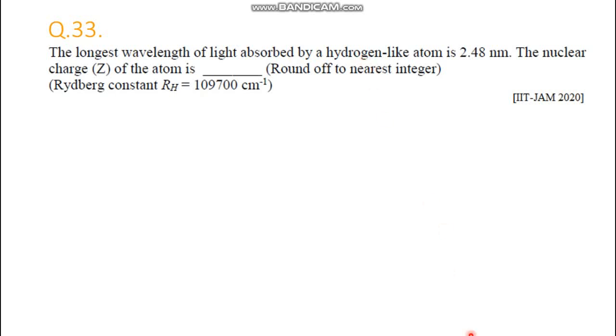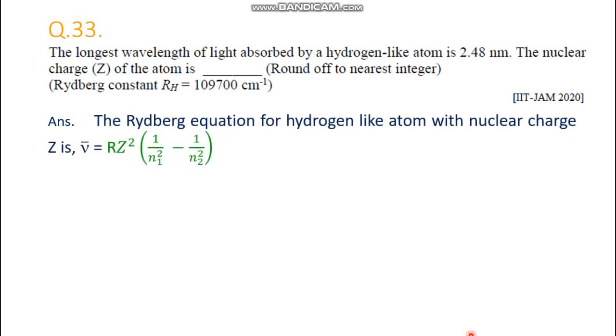And for the Lyman series, in this Rydberg equation, the expression of wave number nu bar is R Z squared times 1 by n1 square minus 1 by n2 square.